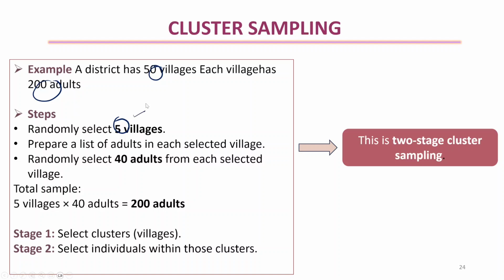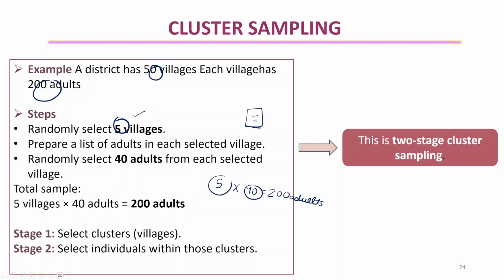Instead of studying every adult in those villages, we prepare a list of adults only within the selected villages. Then we randomly select 40 adults from each village. So our total sample becomes 5 villages multiplied by 40 adults, which equals 200 adults.